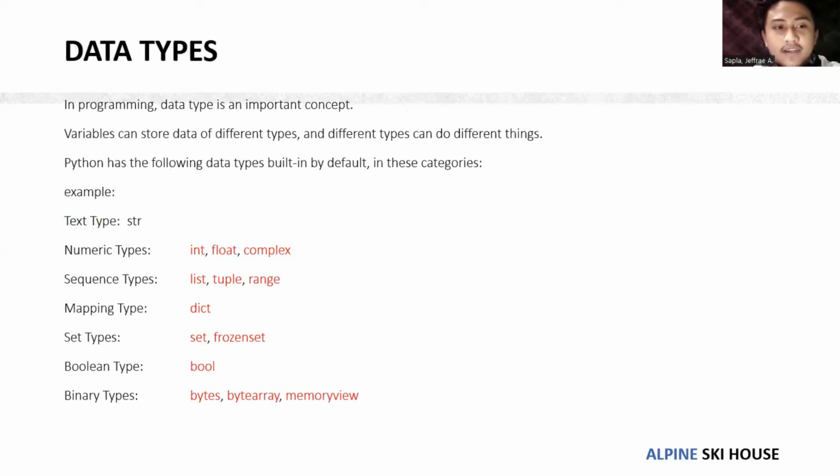In programming, data type is an important concept. Variables can store data of different types, and different types can do different things.